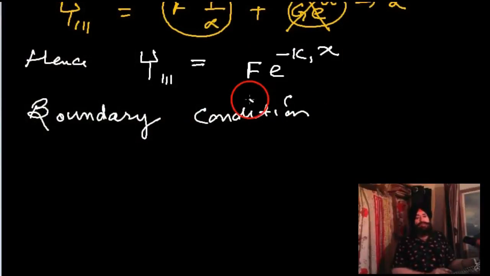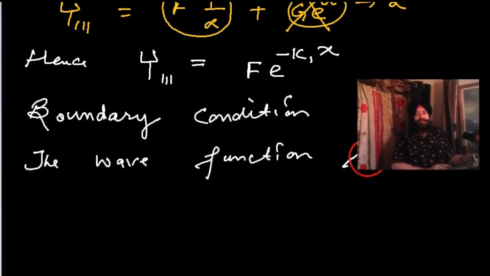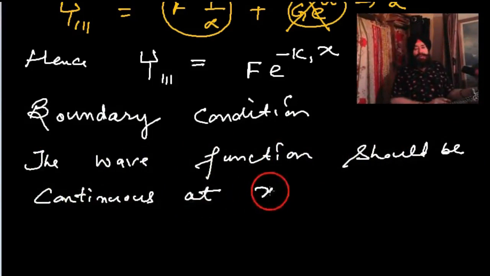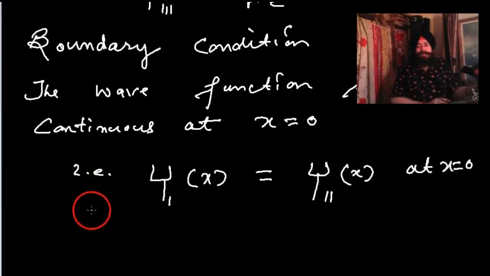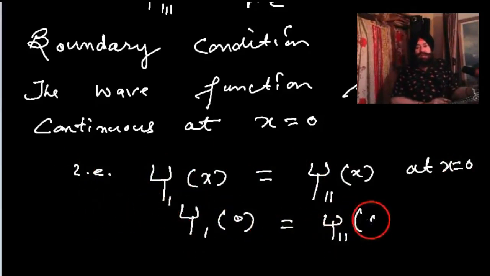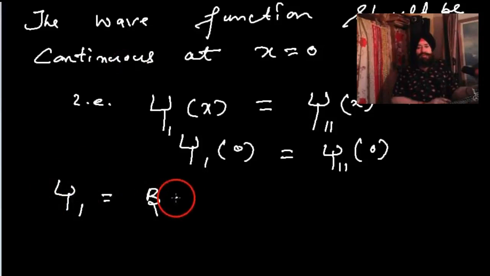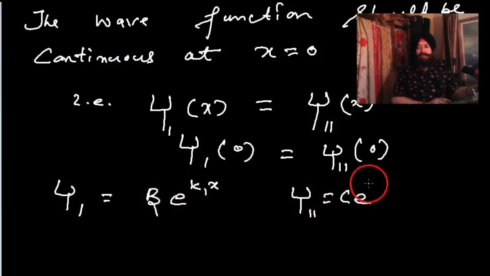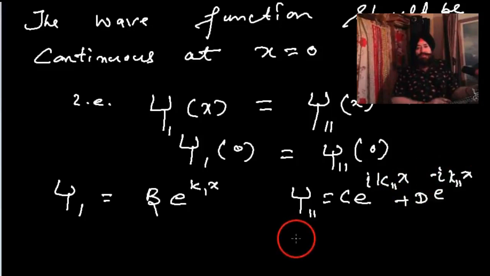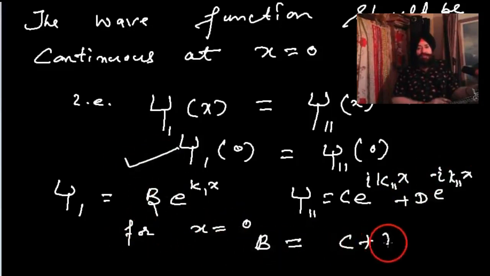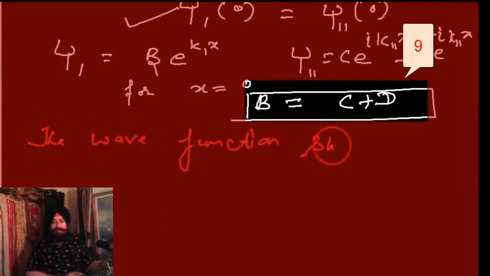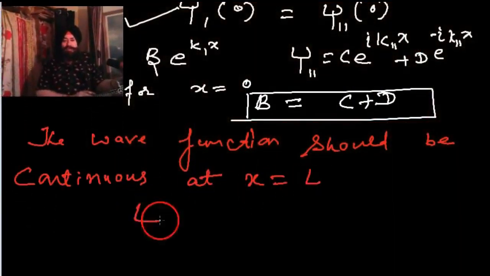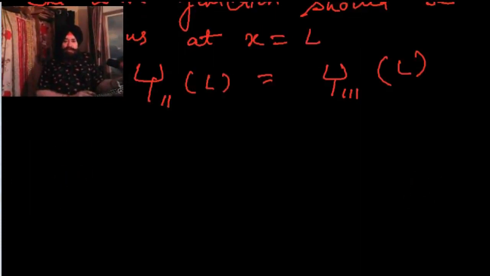Now we are coming to the boundary conditions. The wave function is continuous at the boundary at x equals 0. So psi 1 and psi 2 are equal at x equals 0. Substituting x equals 0 here, we'll get B equals C plus D. The wave function should be continuous at x equals L also.